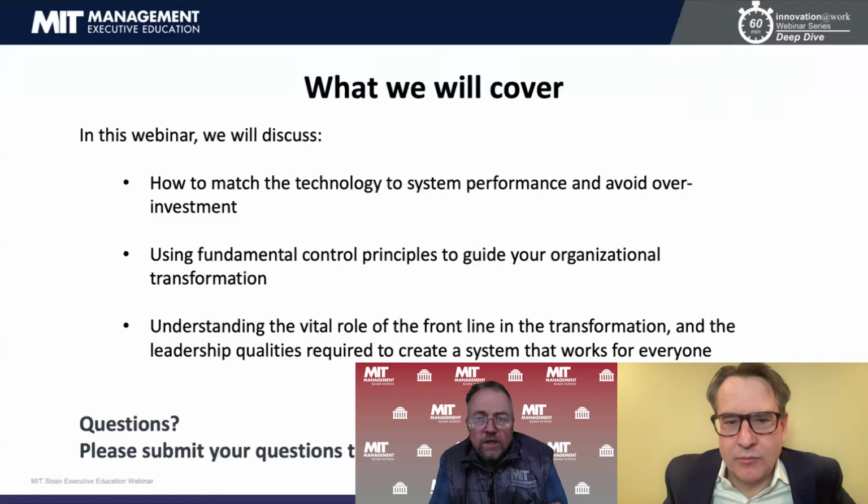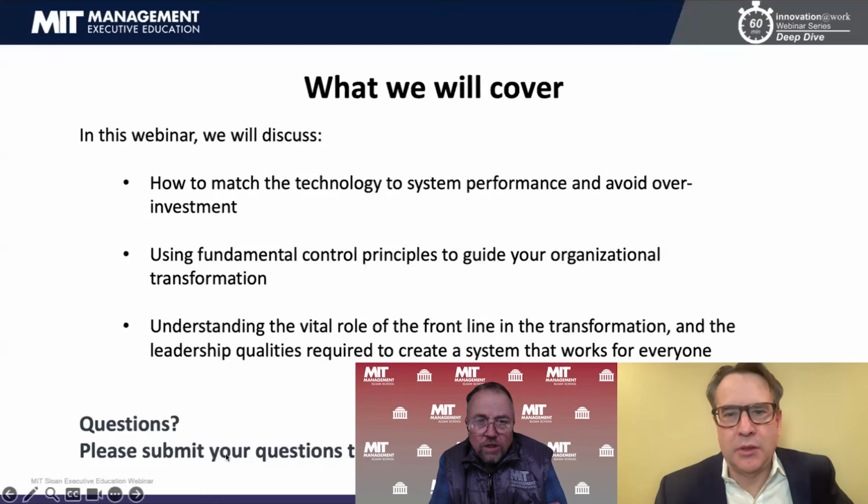And third, understanding the vital role of the front line in the transformation and the leadership qualities that are required to create a system that works for everyone. We talk a lot about technology. There are people in organizations as well, and it's essential that we've got people and technology processes well aligned.